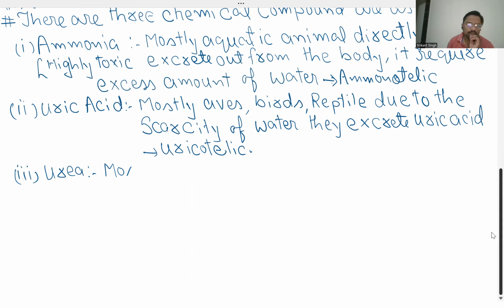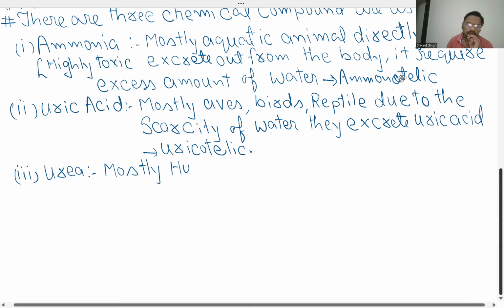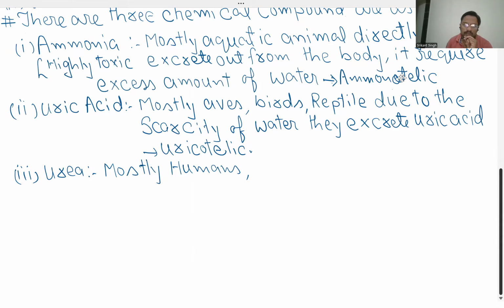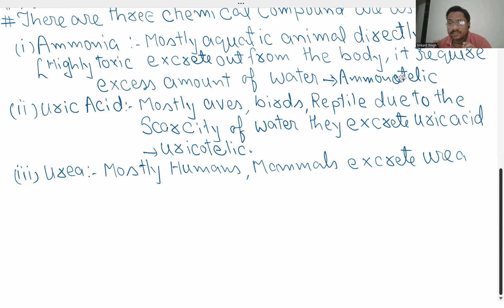Mostly humans, mammals excrete urea. I would like to inform you that birds and reptiles also form ammonia, but they cannot directly excrete the ammonia because excretion of ammonia requires an excess amount of water.